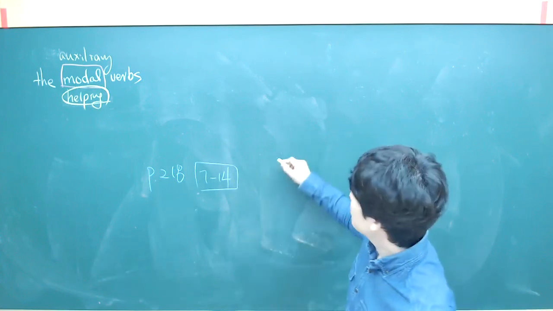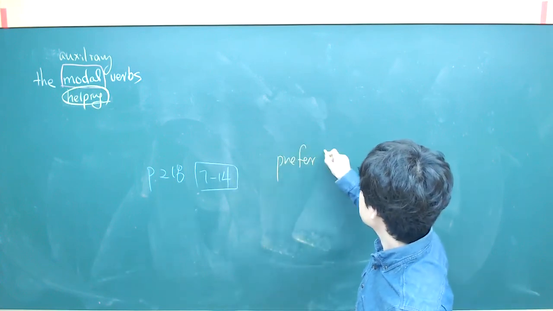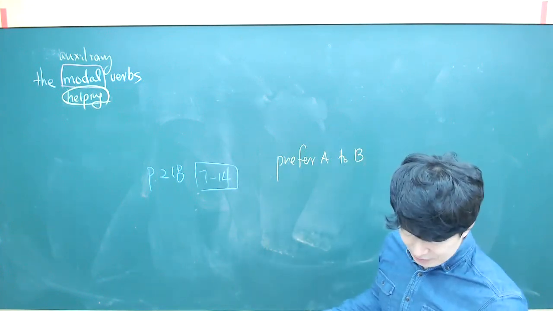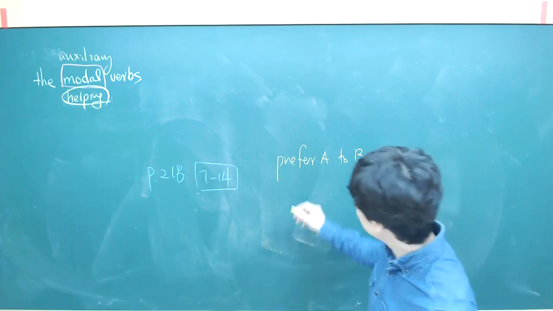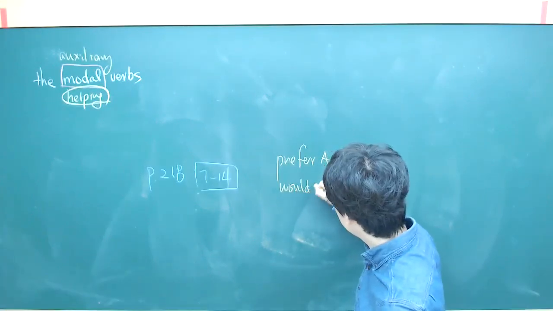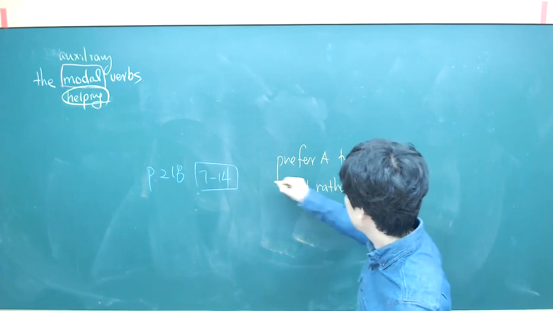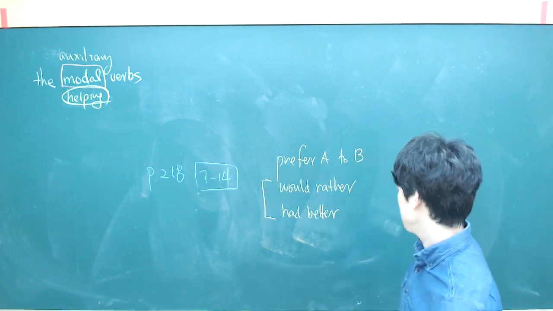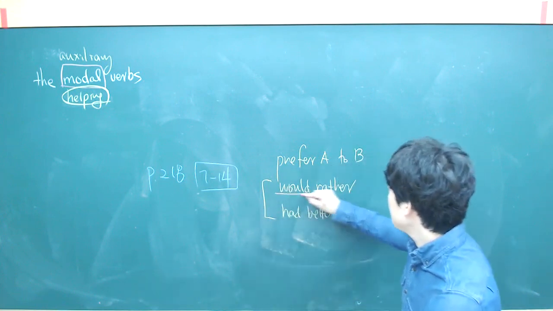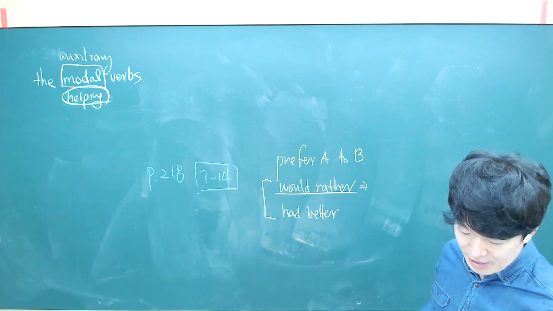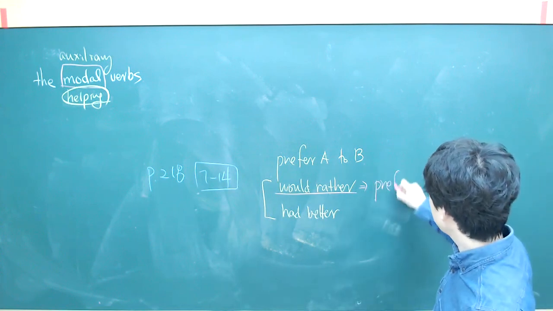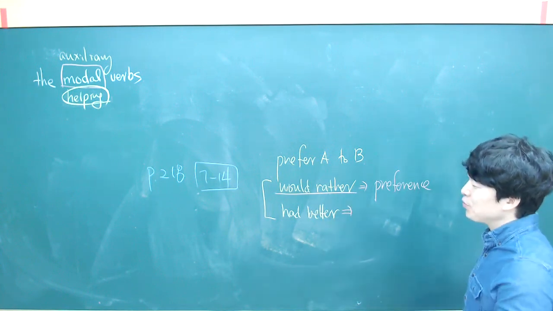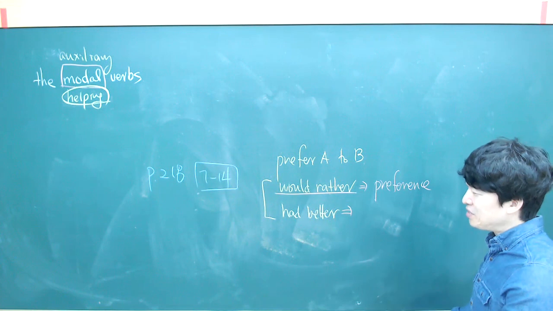You can see prefer, to be, preference, like better, would rather. Would rather, it indicates preference. Remember what this modal verb means or indicates?